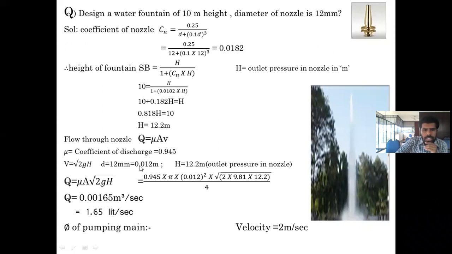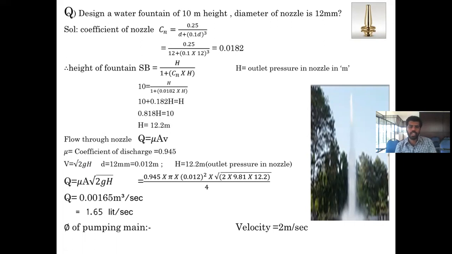So you can take these values and substitute here. Q is equal to mu into A into root of 2gh, with mu about 0.95. The nozzle is round, so the area equals pi by 4 d square.